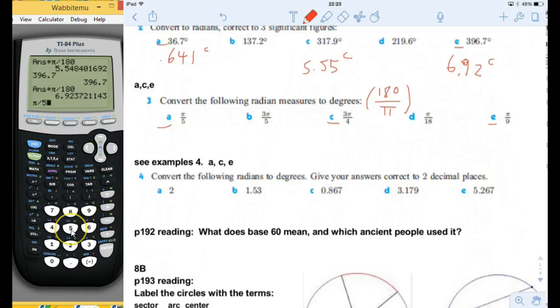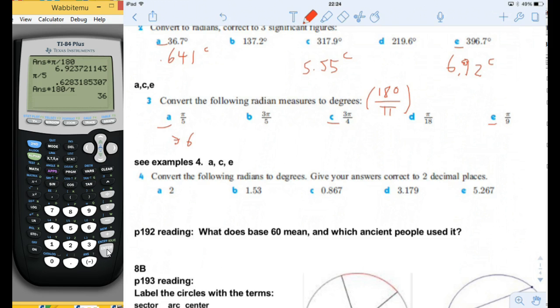Okay, so we're going to put pi divided by 5. And then we're going to multiply by 180 divided by pi. Get 36.